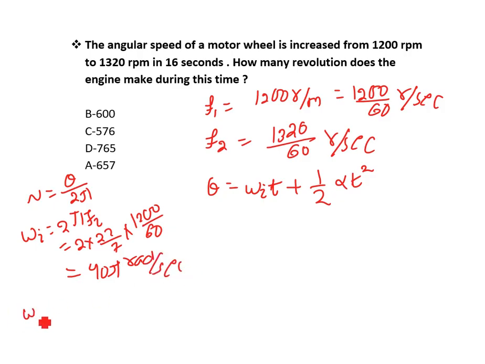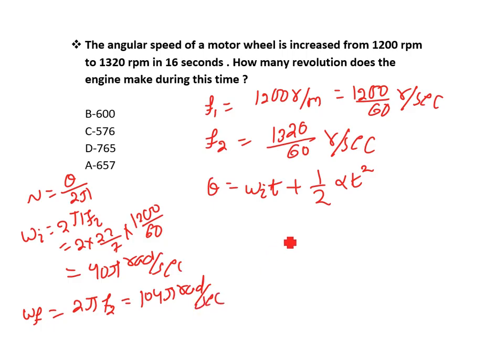Similarly, omega final has the same formula, 2 pi f2. Putting the values and calculating the same way, I'm directly writing its answer, 104 pi radian per second.